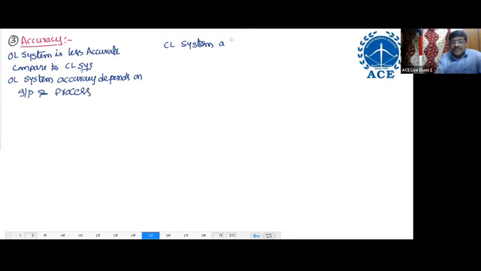Closed loop system is more accurate than open loop system.